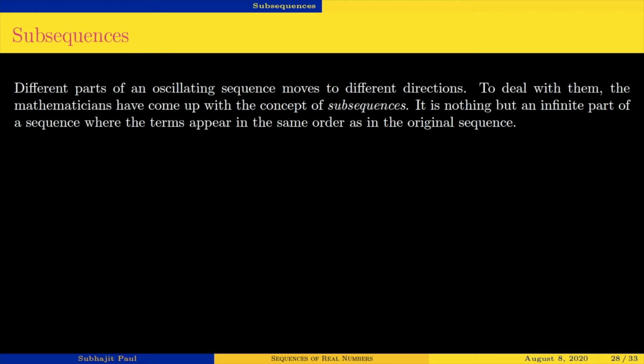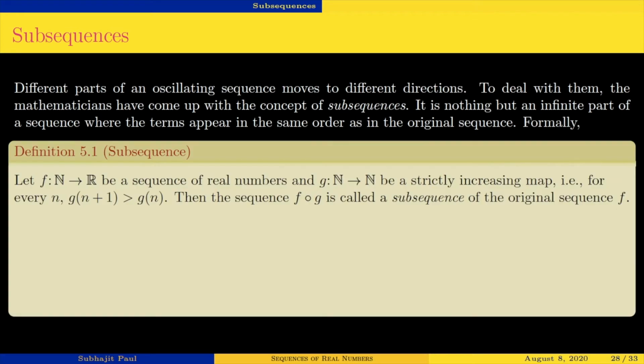It is nothing but an infinite part of a sequence where the terms appear in the same order as in the original sequence. Now, formally the definition is: let F be a map from natural numbers to R. That means F is a real sequence of real numbers, and G is a map from natural numbers to natural numbers, a strictly increasing map.